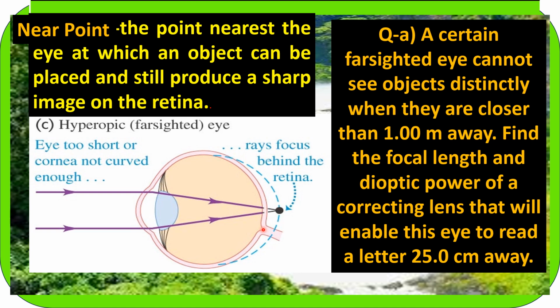And this results in a very blurred image. Alright? And this kind of vision defect is known as hyperopia or farsightedness. And how do we correct this vision defect? You will find out in just a short while.